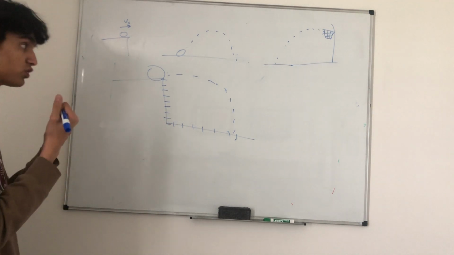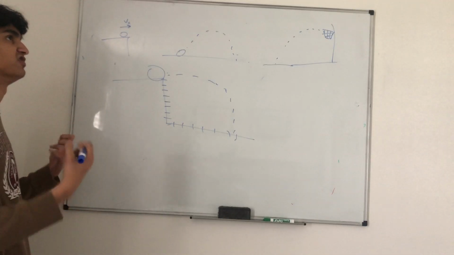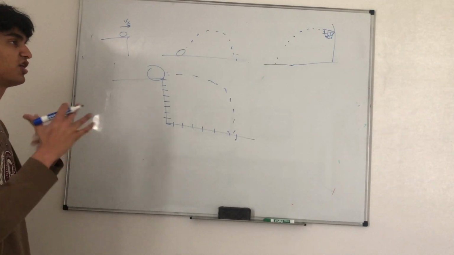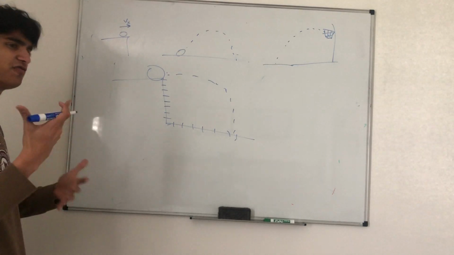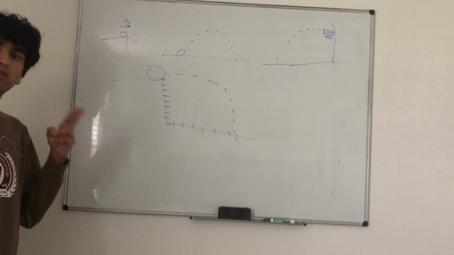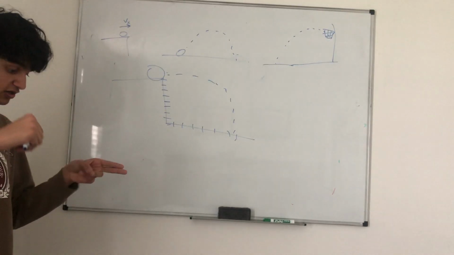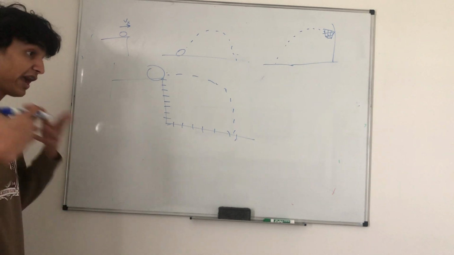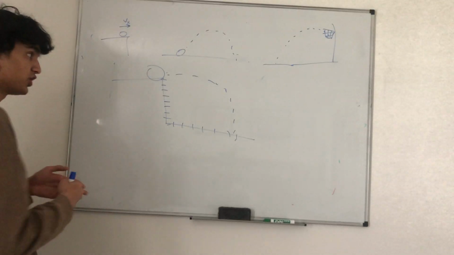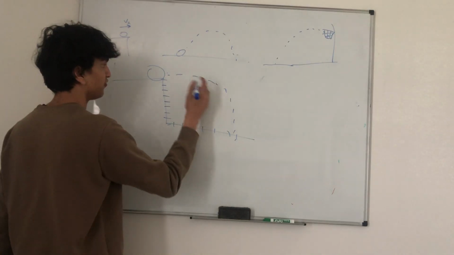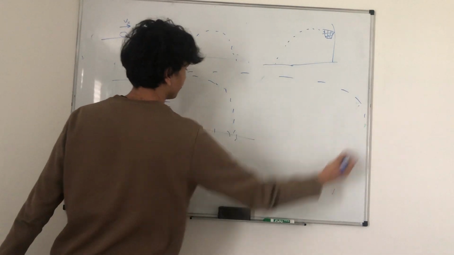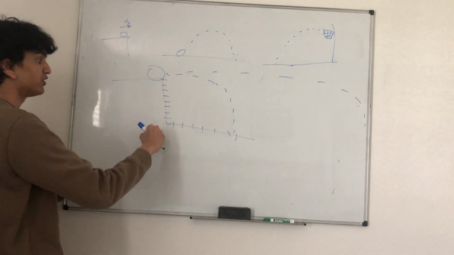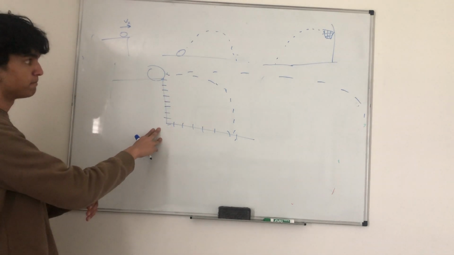They don't, I guess, affect each other. That's why the bullet and the shotgun will both hit the ground at the same time, because the x motion is completely different. The bullet is moving way farther, but that x direction motion does not affect its y direction motion.